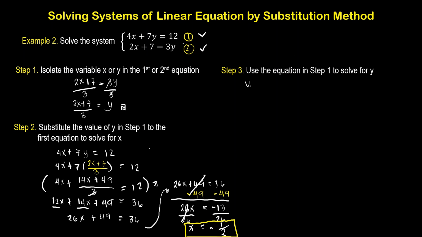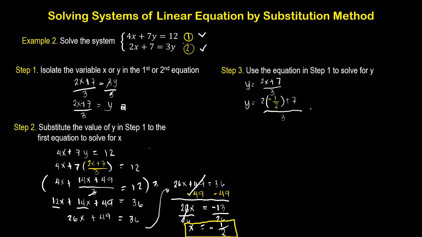We have y is equal to 2x plus 7 over 3. Then we have 2 times the value of x, plus 7 all over 3. Then we just need to plug in the value of x natin, which is negative 1/2.